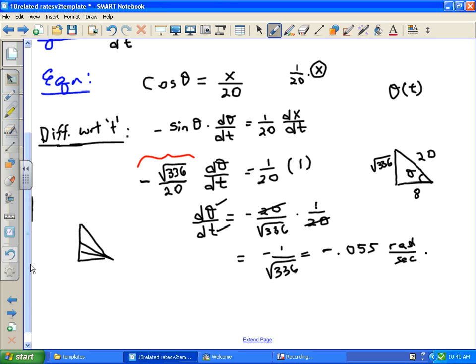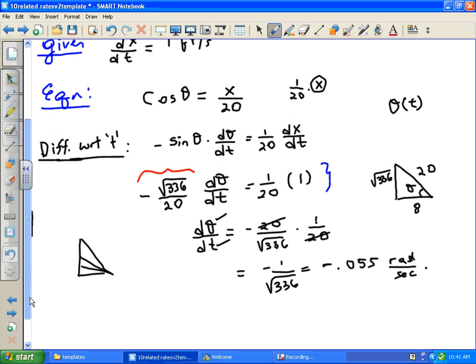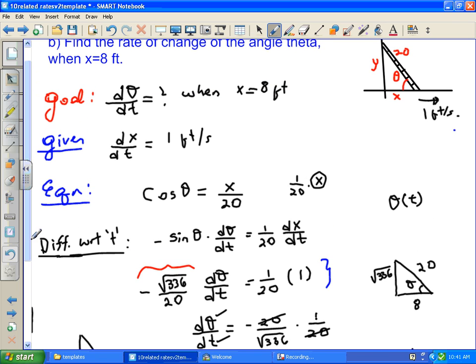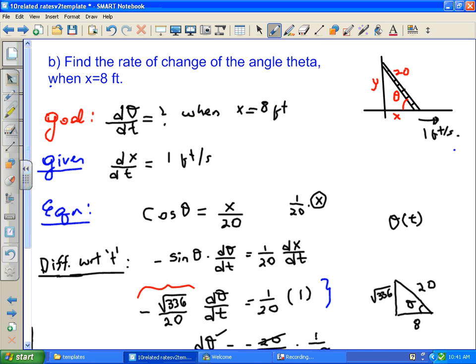How come it's 1 over 20? Dx dt was 1, correct? Are you looking at the right-hand side over here? Right, because of the given question: find the rate of change of the angle when x equals 8.